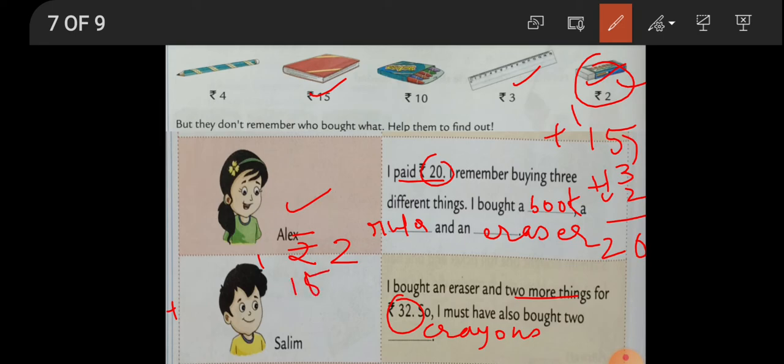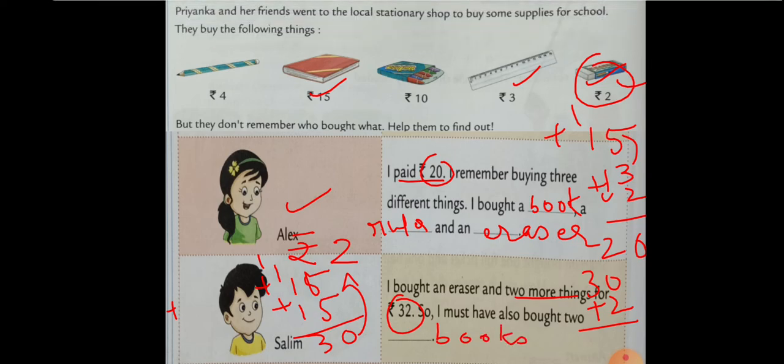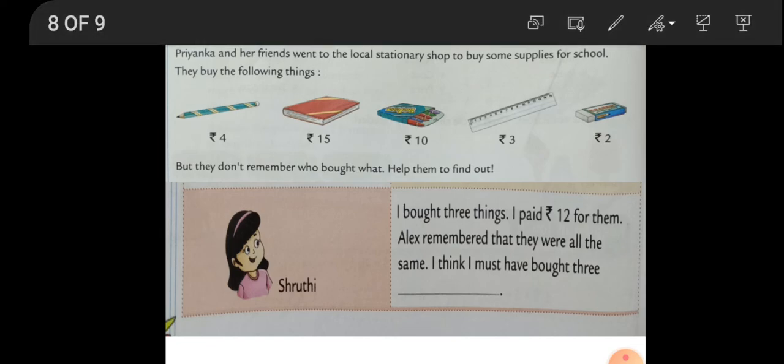That means he has taken 2 books. 5 plus 5, 0 plus 1 carry over, 3. Yes, 30, and plus 2 will give you 32. That means he has bought the two books. Okay, let me write books here. 2 books.